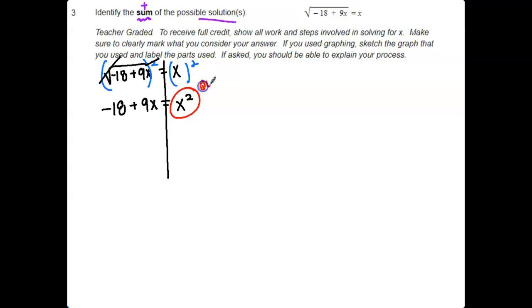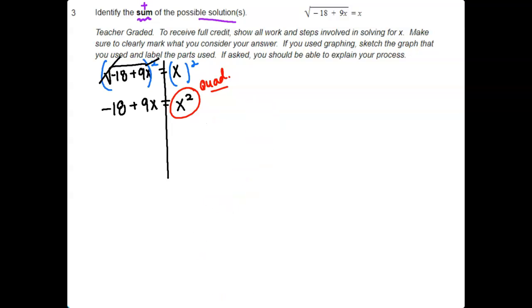That means that this is a quadratic. And the only way to solve a quadratic is to either factor or use the quadratic formula, or you could use completing the square, but that's not something that we have focused on a lot this semester, or really at all until the end. So really, I would go with factoring.